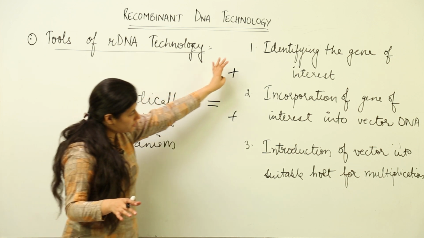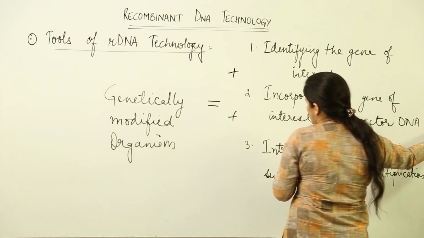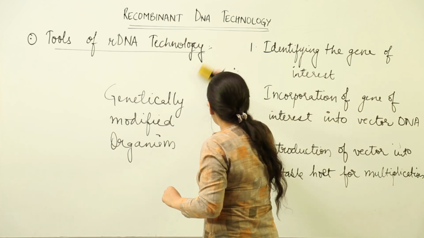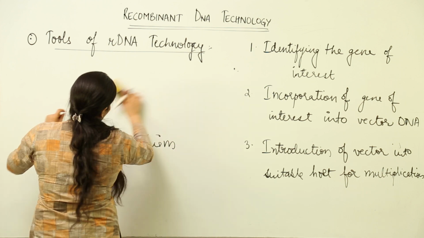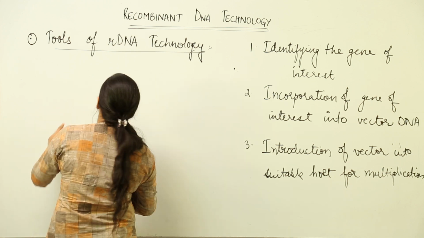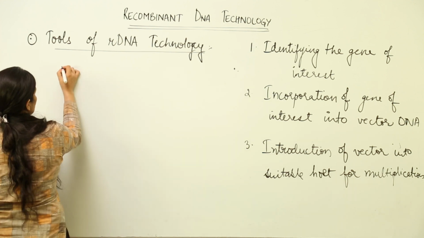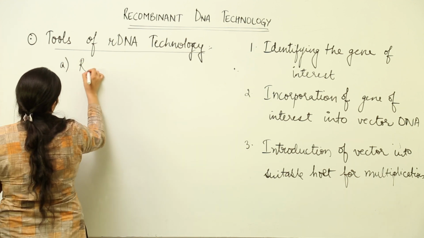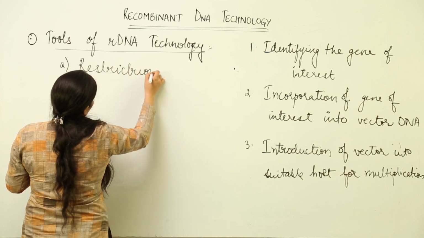For carrying out these 3 steps, we need certain tools, and what those tools are, we are going to see that. First of all, the gene of interest, when it has been identified, it needs to be cut out from there. So, we have the first tool, that is restriction endonuclease.